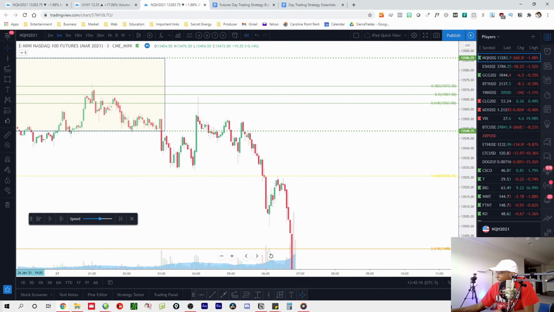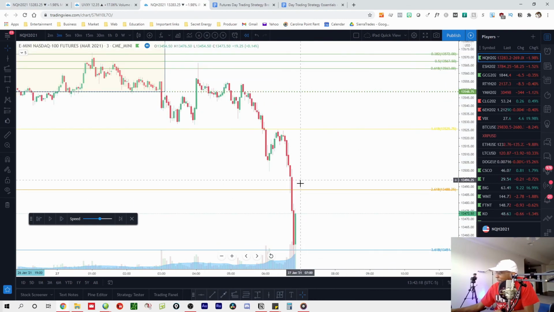So you can see there that we're able to easily hit our target if we would have taken that trade. And when you see this play out, you can continue to use a strategy like that throughout the whole day.